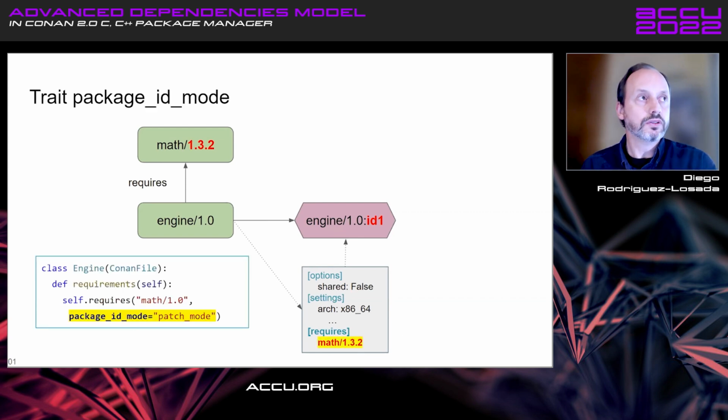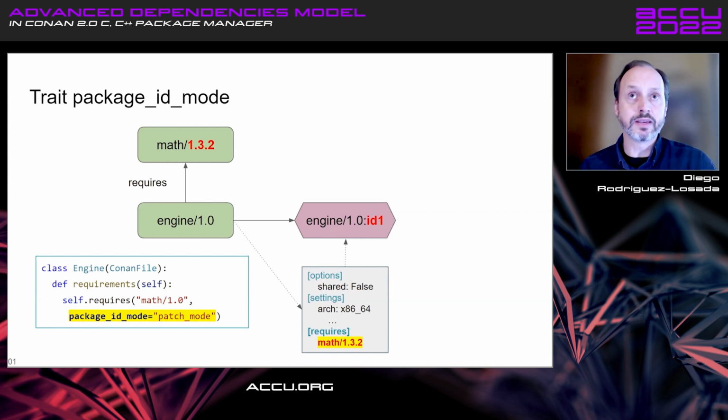The Conan 2 trait model introduced a package ID trait that allows you to explicitly change that. So engine can explicitly opt in to depend on math in patch mode. Patch mode means everything down to the patch will be put in the configuration file, and that will be factored into the package ID.